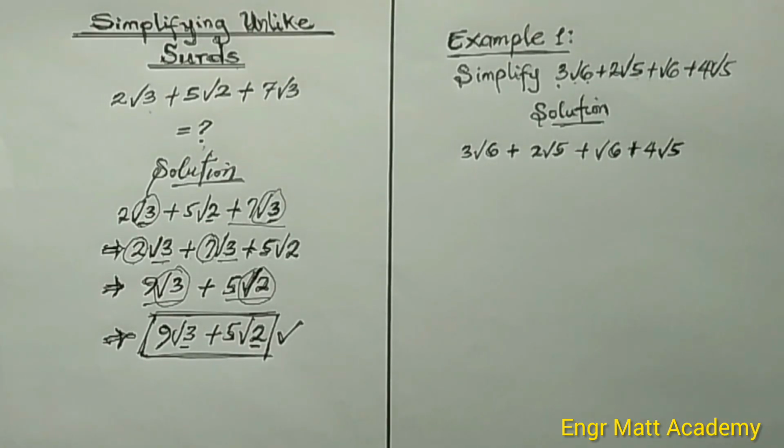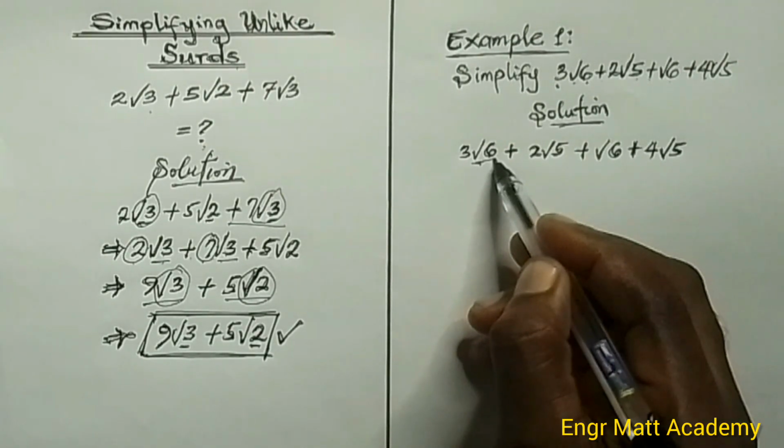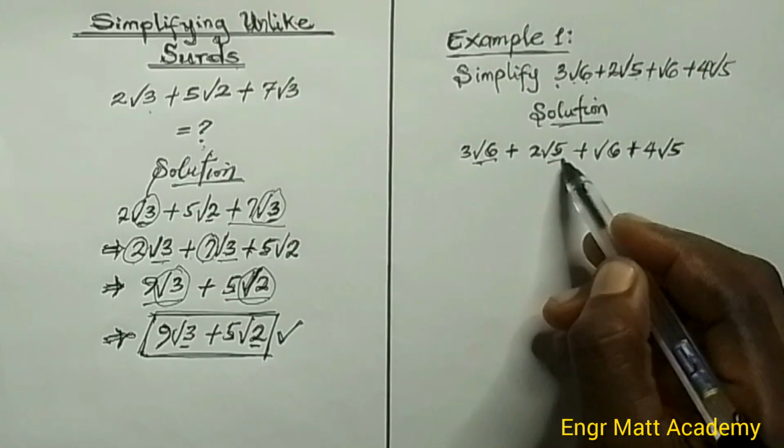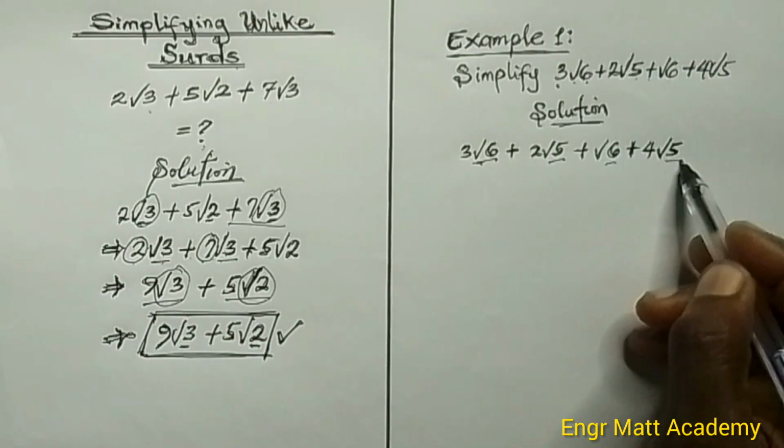The first step in this problem is to identify if the surds are like surds or unlike surds. How do you do that? You look at the number inside the root sign. Here, the number inside the root sign is 6, and here we have root 5. We have root 6 again, and then root 5.